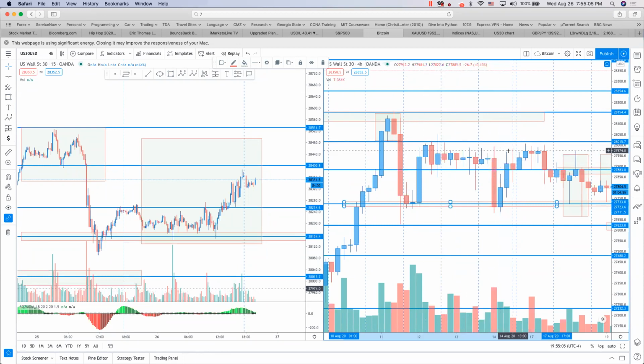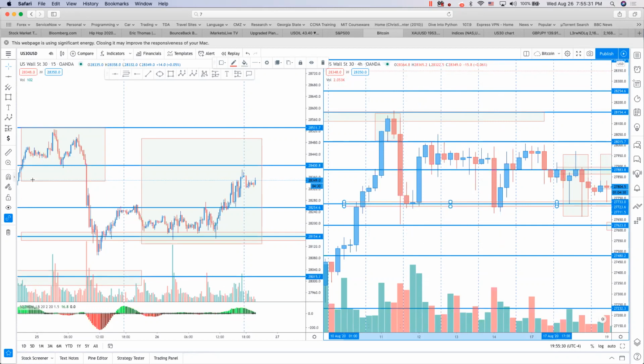This went sideways for 11 different candles. This was sideways. Nothing to trade off of, right? No zones. We got this high, we got this high, but most of this just went sideways. So we can't use this area.